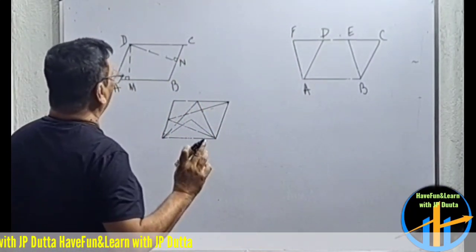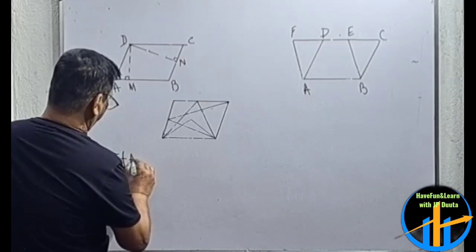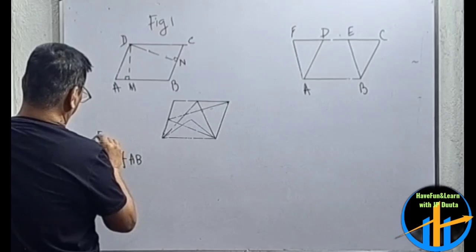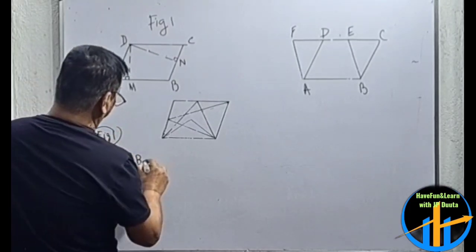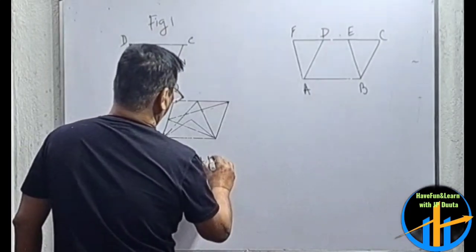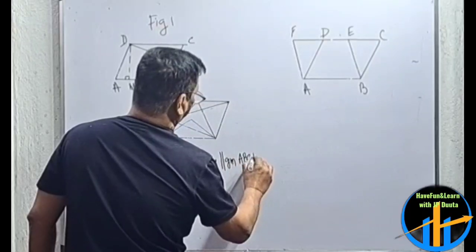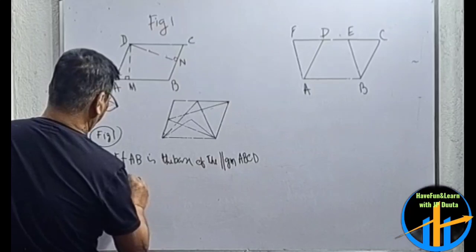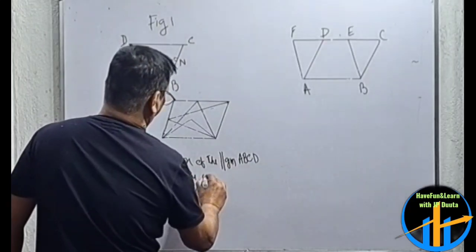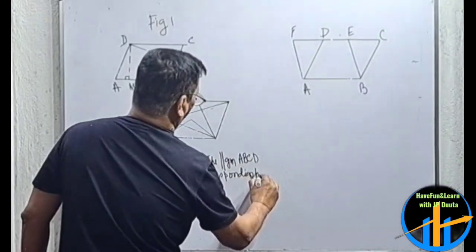If you talk about the parallelogram, figure 1, if AB is the base of the parallelogram ABCD, then DM is the corresponding height.